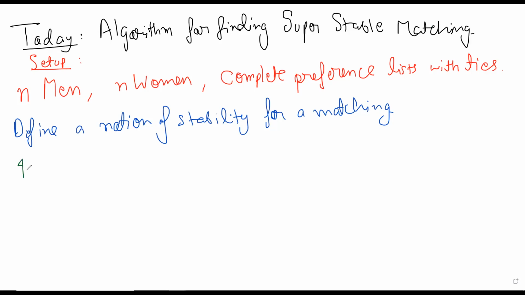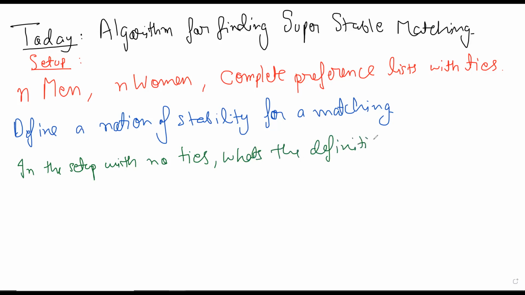In the usual setup, in the setup with no ties, what's the definition of a stable matching?